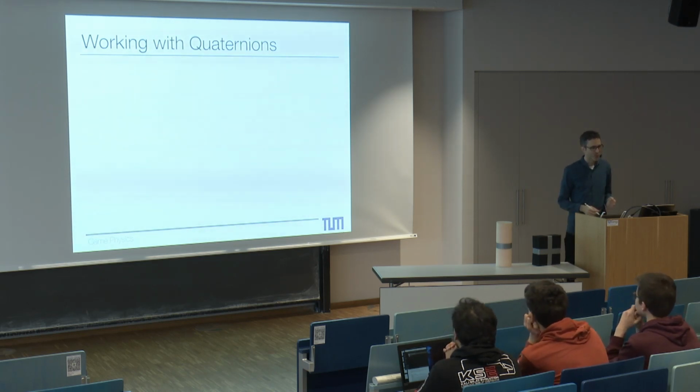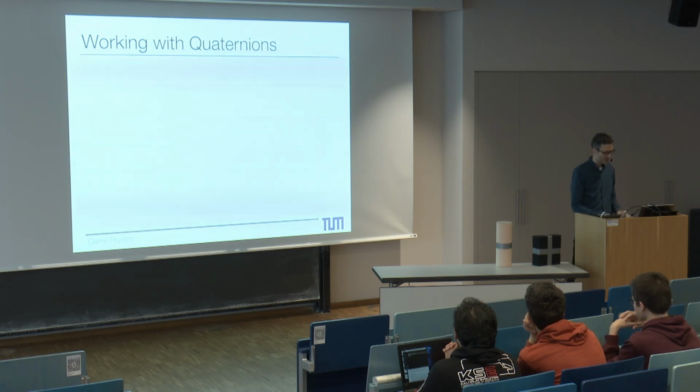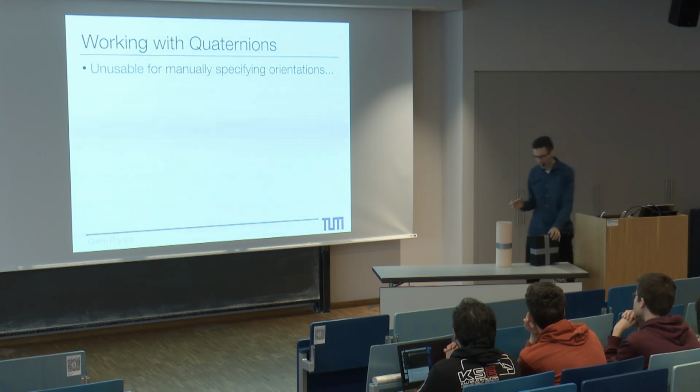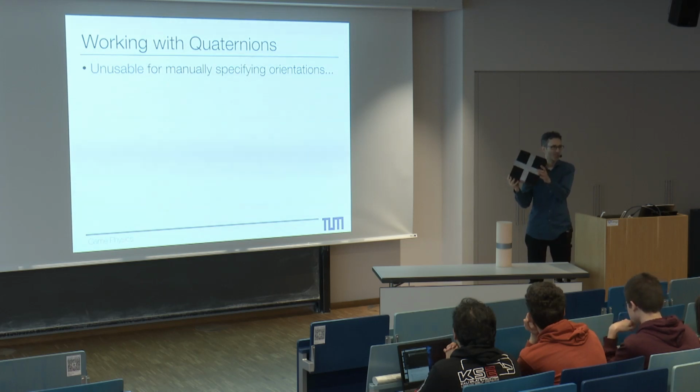Because of that, a few recommendations for working with quaternions in practice. If you set up a rigid body and it should be somewhere in space in a certain location, you don't want to directly have to enter a quaternion that puts your body in that position.